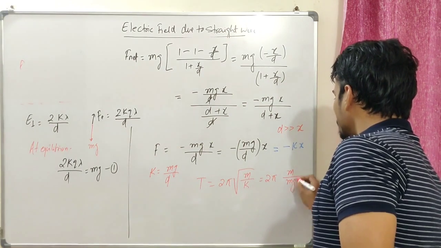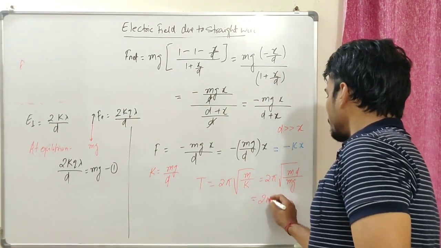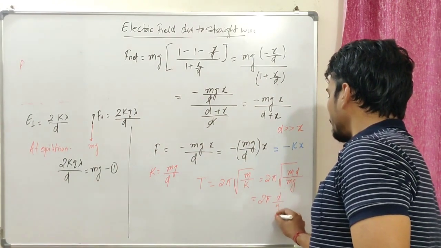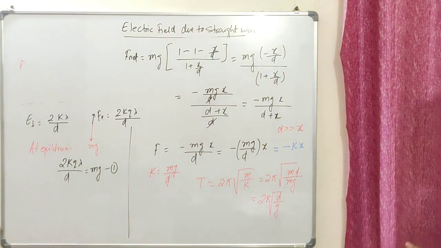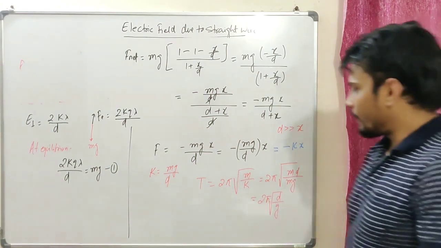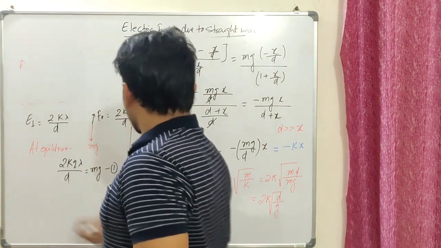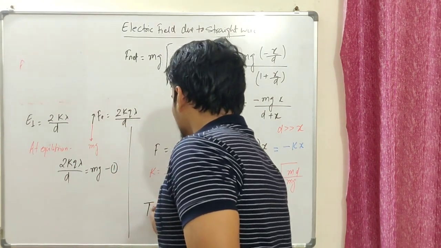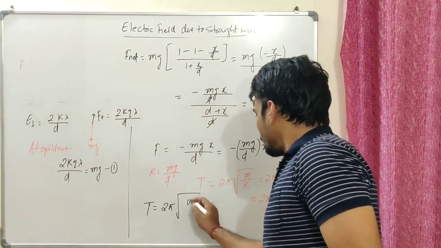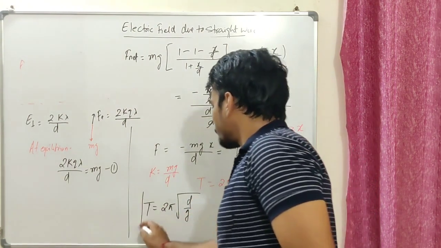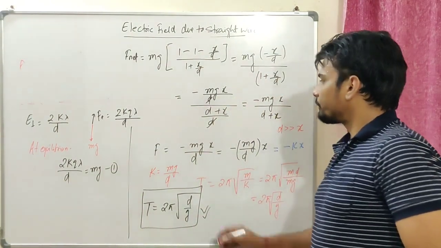The m will cancel, d will go up, so I'm going to have 2π under root of d by g. So finally I have reached the answer that the time period of this oscillation should be 2π under root of d over g, right? And we are done with this.